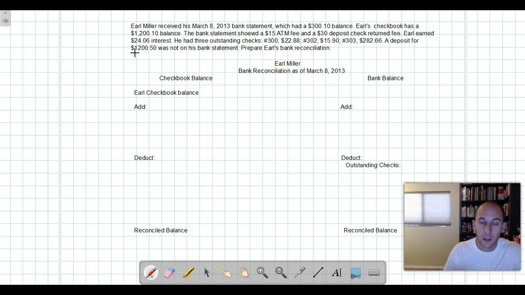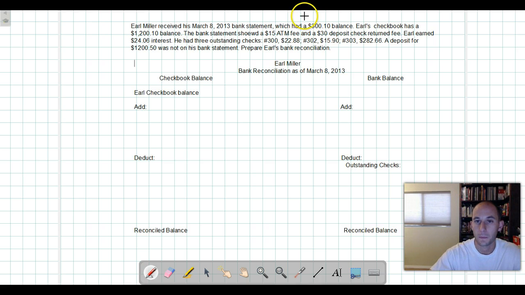So, our goal here is to take what is all listed here, make sure we're adding and or subtracting on the right side of it, and then at the bottom, after we add and subtract, get the same reconciled balance. That's our end goal here. We'll go through this one at a time, a little slow, to get a hang of it.